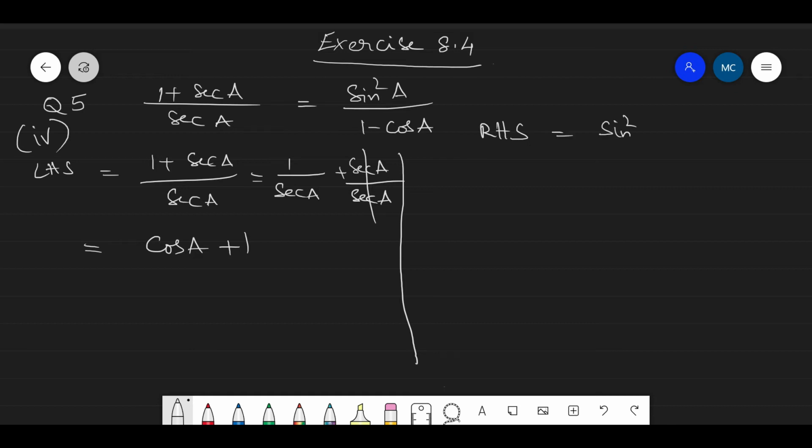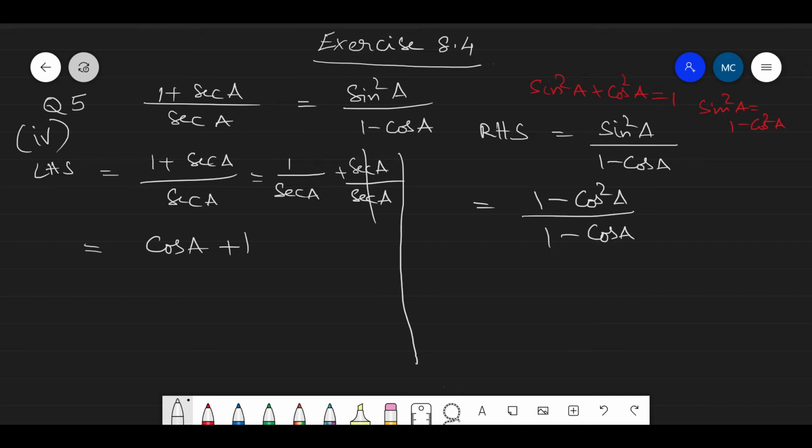sin square A by 1 minus cos A, and we can use the identity here. Sin square A plus cos square A is equal to 1, and from that we will be getting sin square A is equal to 1 minus cos square A. Using that identity, we will be getting this as 1 minus cos square A by 1 minus cos A. And we know that 1 minus cos square A can be like 1 square minus cos square A. So it is like using A square minus B square.